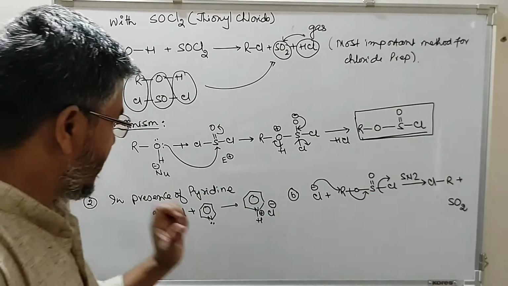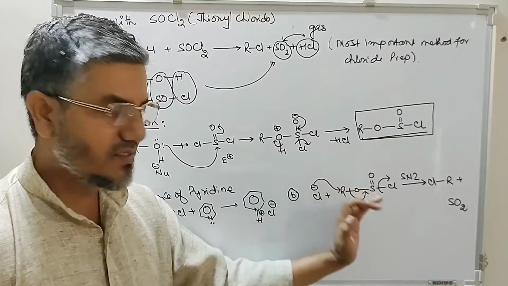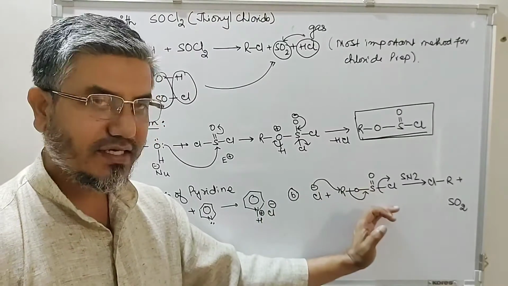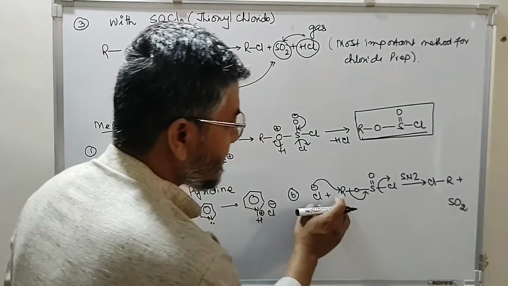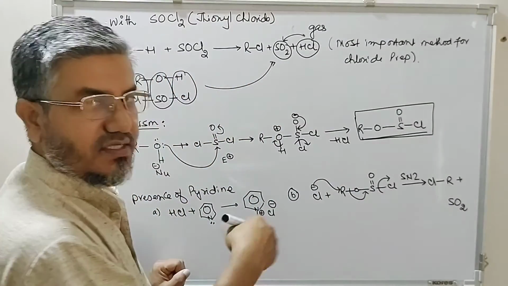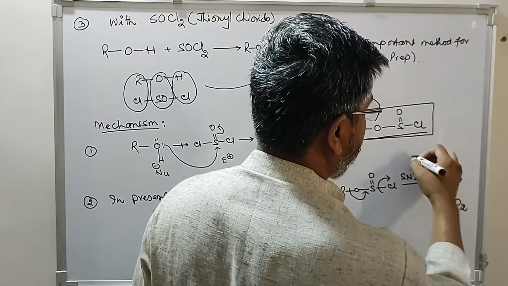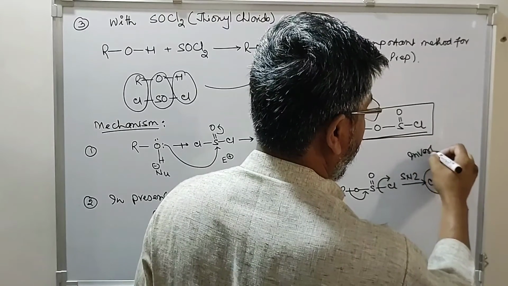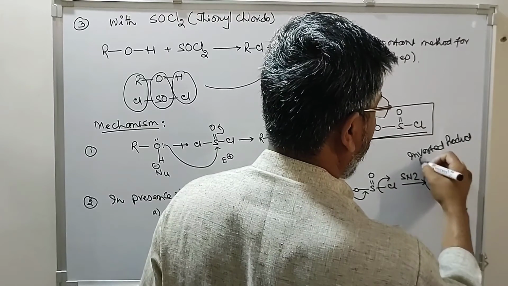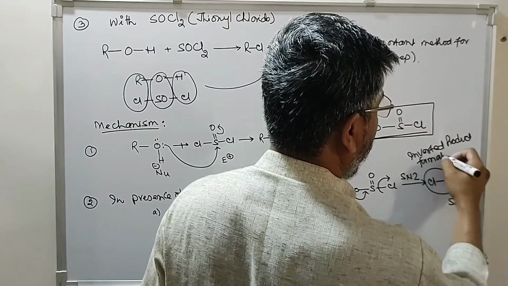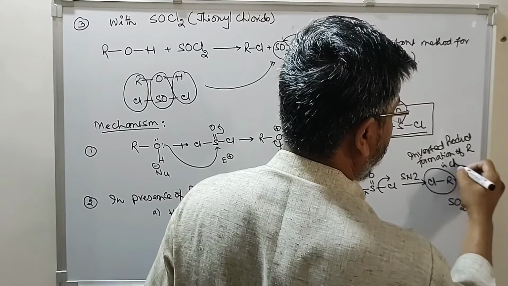In this reaction, Cl minus is attacking the leaving group from the rear side. If this reaction is taking place, the reaction mechanism is known as SN2, and if this carbon, the R alkyl group, is chiral, then there is formation of inverted product, if R is chiral.